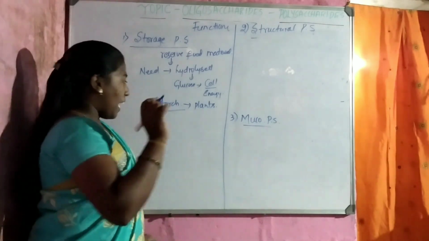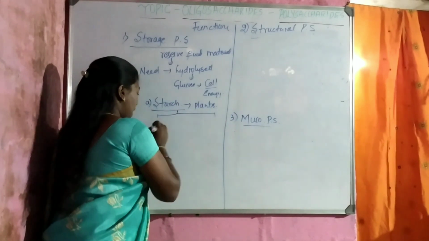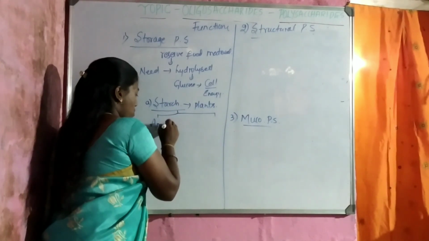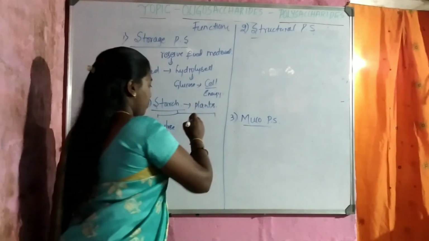Glucose. Actually, starch is made up of 2 components: one is amylose, another one is amylopectin.